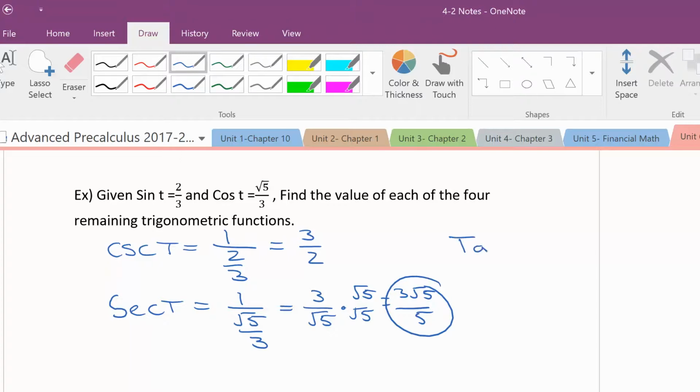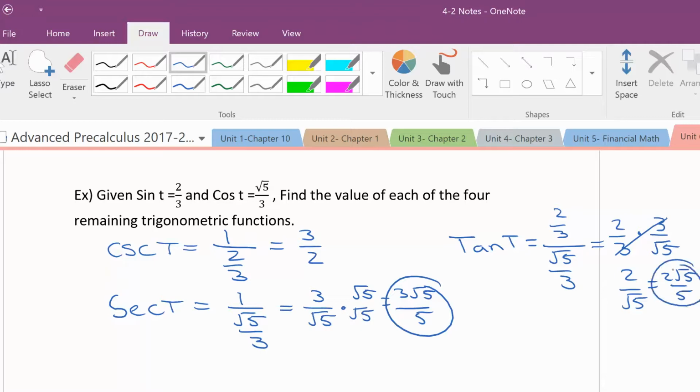The tangent is the sine over cosine, so it's 2/3 over rad 5 over 3, which is 2/3 times 3 over rad 5, which is 2 over rad 5, which is 2 rad 5 over 5.